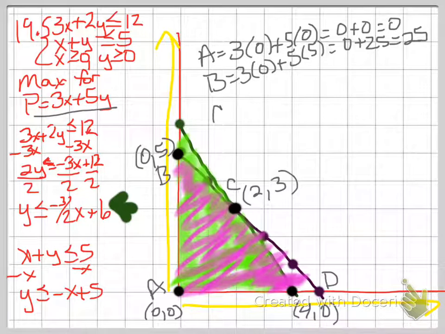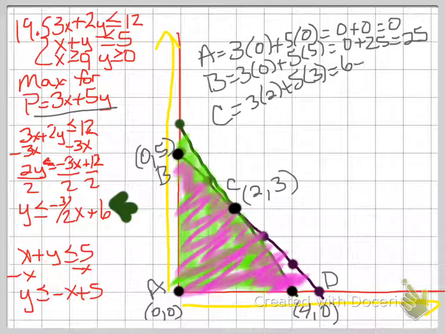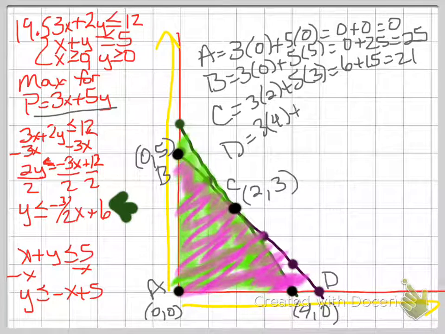Okay, for point C, we have 3 times 2 plus 5 times 3 gives me 6 plus 15, or 21. And then I have D, which is 3 times 4 plus 5 times 0. So that is 12 plus 0, or 12.